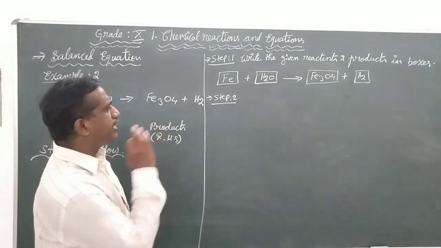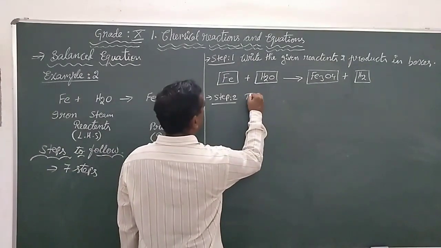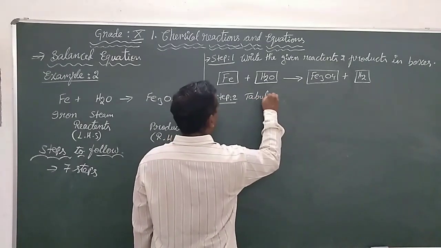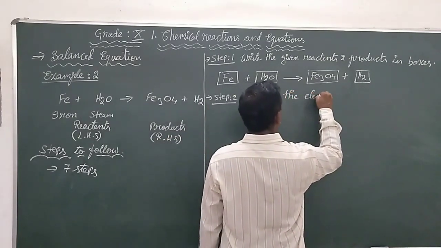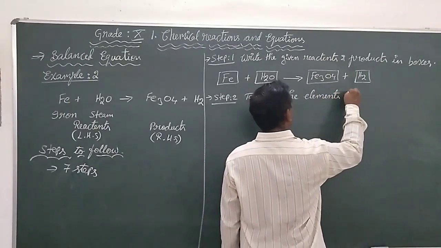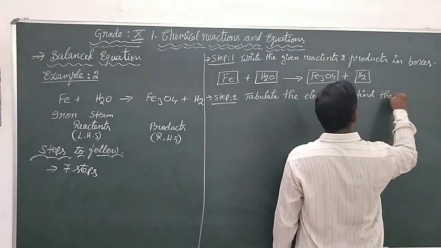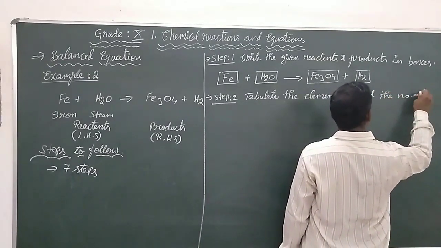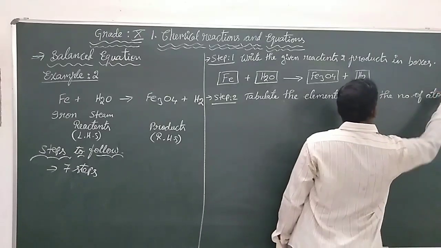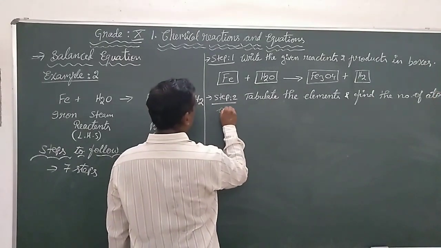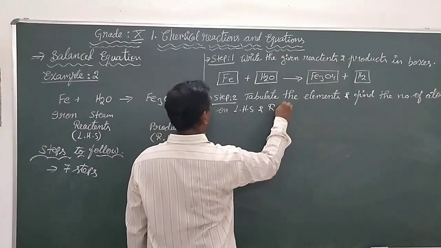So according to the equation, table A, the elements, and find the number of atoms on LHS and RHS.